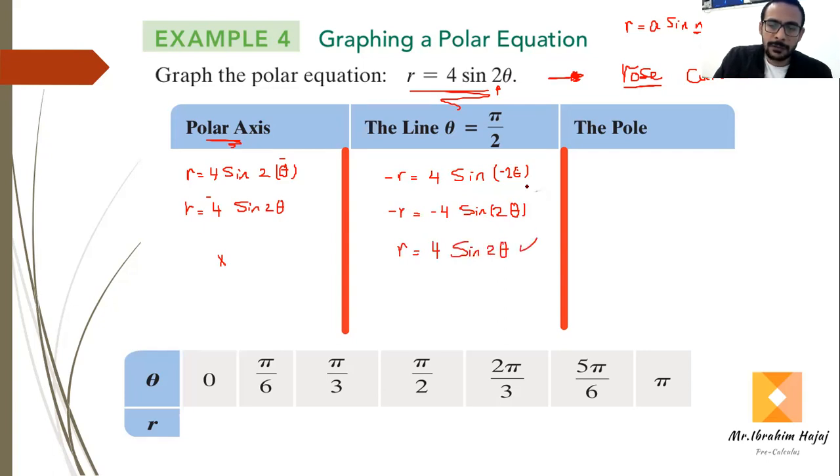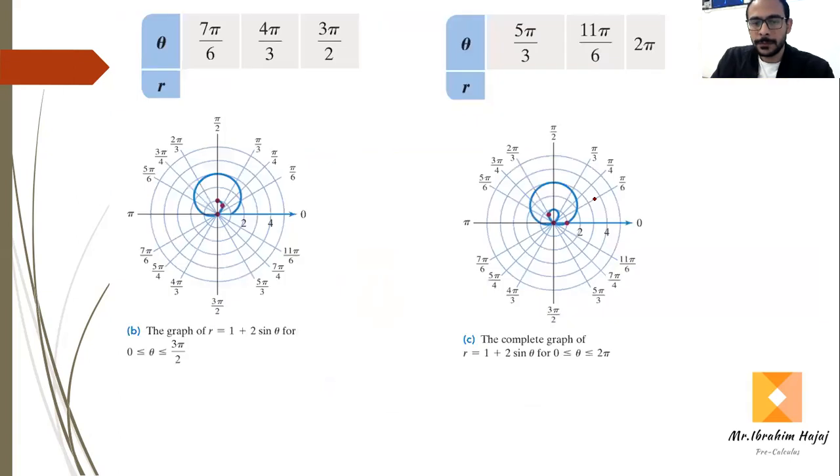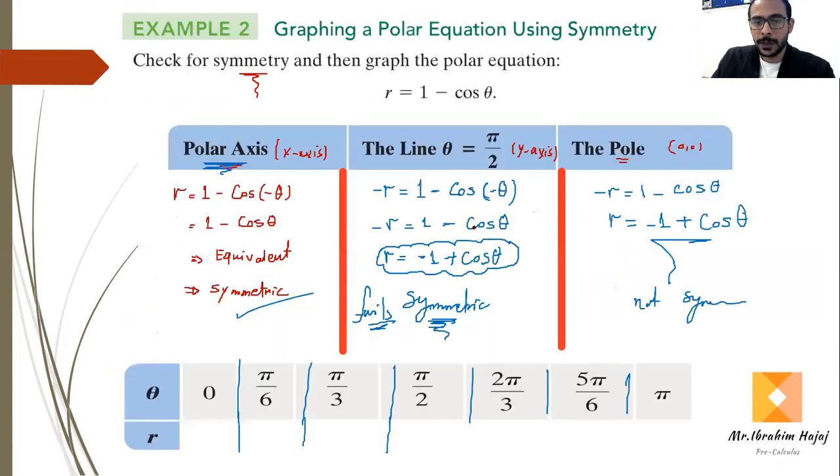Since it's equivalent to the original equation, it's symmetric about the line theta equals pi over 2, and it passes this test. About the polar axis, it fails. About the pole, let's move back to the rules.